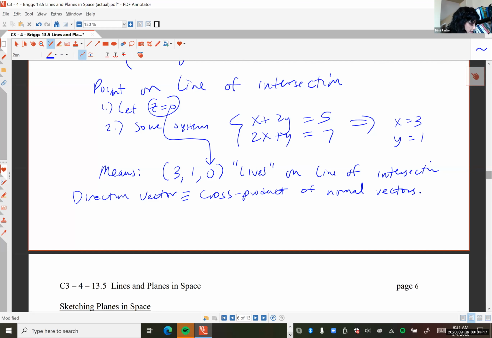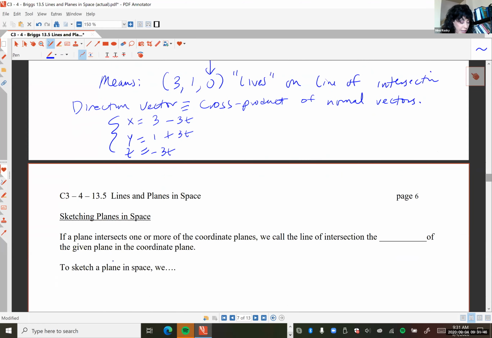Your final answer is going to look like this: x, y, z equals, your point 3, 1, 0, plus t times -3, 3, -3. Or your coefficients of your t parameter had better be a multiple of mine, and then it'd also be fine. So I'll let you finish that one out, knowing now what the answer is.